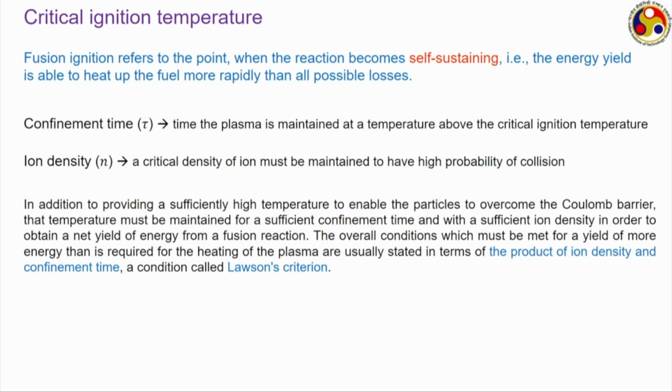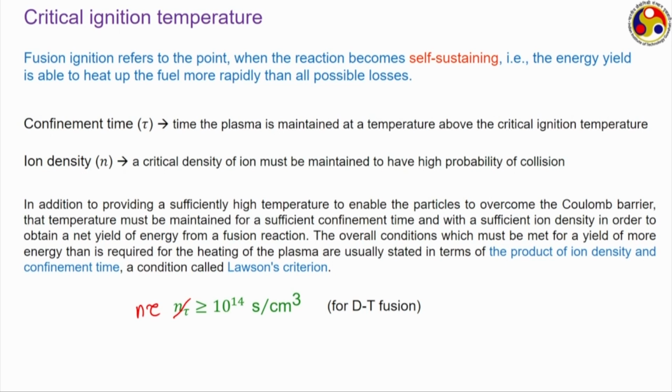That condition is generally given by the product of ion density and confinement time, often referred to as the Lawson's criterion. This is the condition for DT fusion. The product, actually this should not be written like this, it should be n into tau.